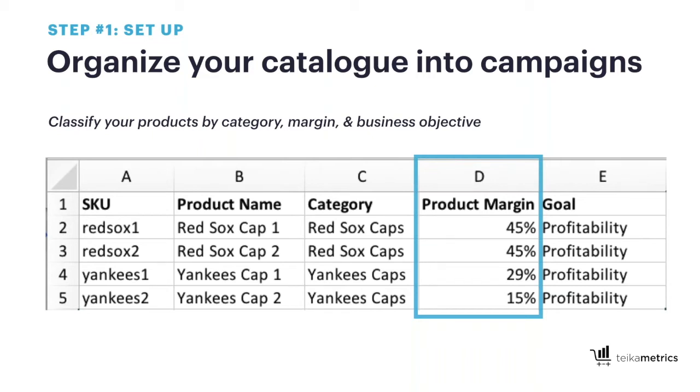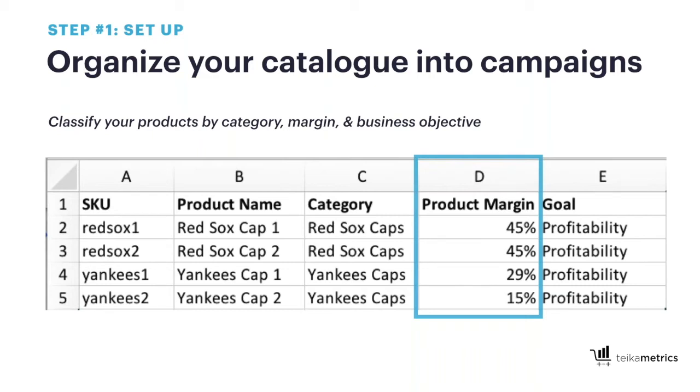Even farther than that though, look, right? Because yes, we obviously want to break it down by category. So I think Red Sox caps and Yankees caps would be separate anyways. But look at the two different Yankees caps, right? Those two Yankees caps have two different margins. Right. So the amount that John has to spend on Yankees cap number 1, because that product margin's at 29%, versus what he can spend on Yankees cap number 2 with only 15% is going to be different.